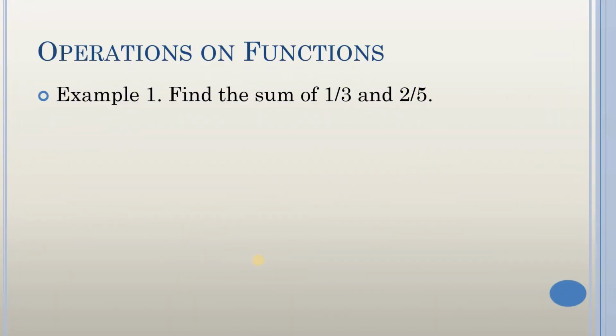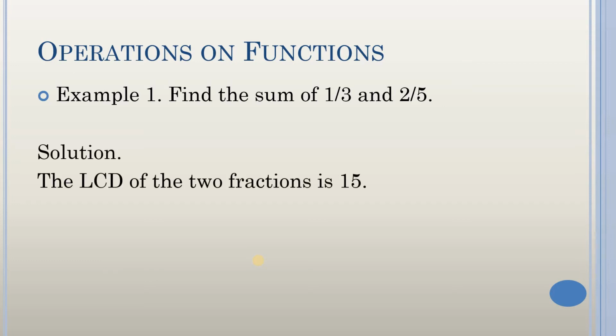Okay, we are going to show an example of these operations. Example 1, we are going to find the sum of 1/3 and 2/5. For our solution, the LCD of the two fractions is 15, since we have the denominators 3 and 5.